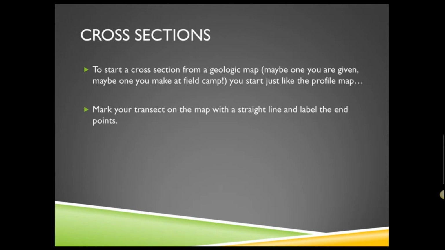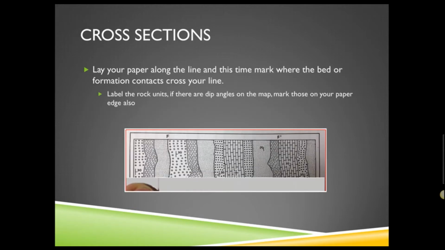To start a cross-section from a geologic map, whether you're given the geologic map or whether you make it yourself like you might do in field camp or on the job, you're going to start just like you did with a profile map. Mark a transect on the map, a straight line, label the endpoints, and then lay your paper along that line.